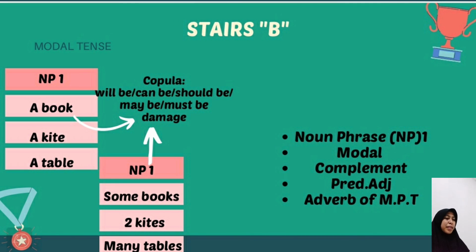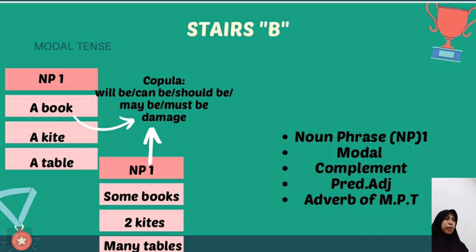The modalities are possibility, ability, demand, capacity, suggestion, command, and obligation. Here is a table containing NP1, for example, a book, a kite, a table, and table 2, NP1, for example, some books, two kites, many tables.